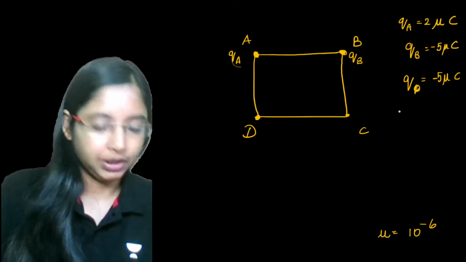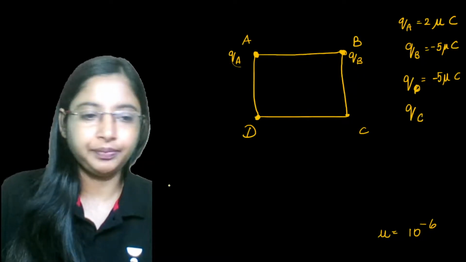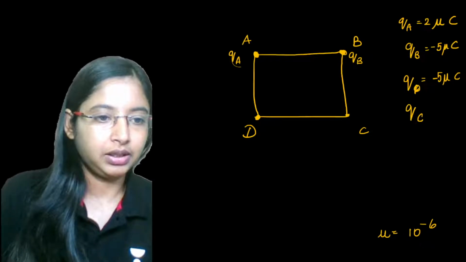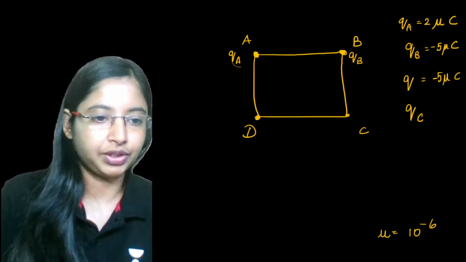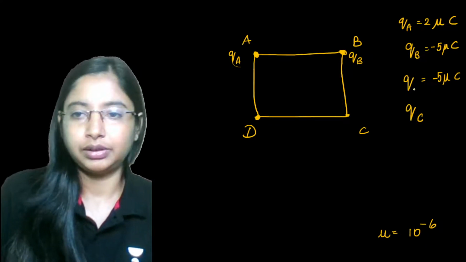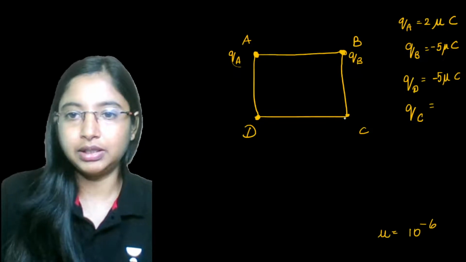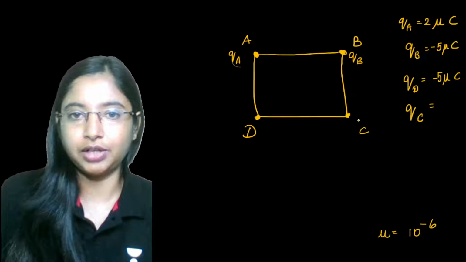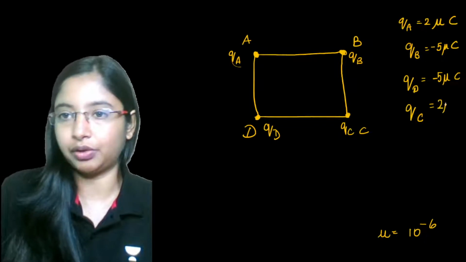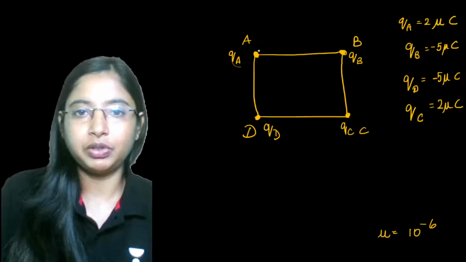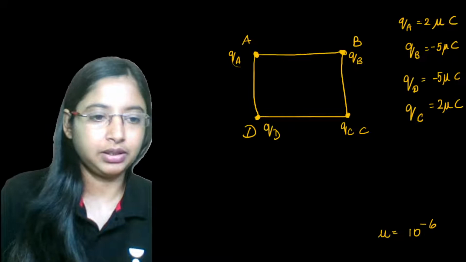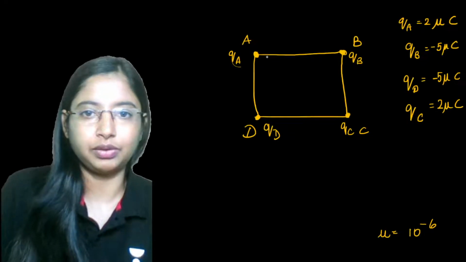Now let's take this charge QC, on this vertex. The charge on the other vertex is around 2 microcoulombs again, a positive charge.